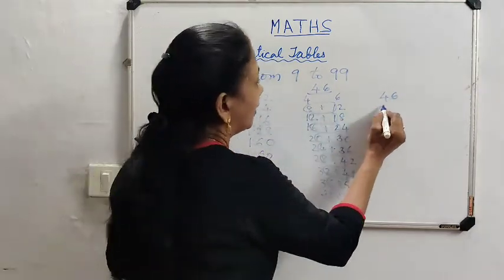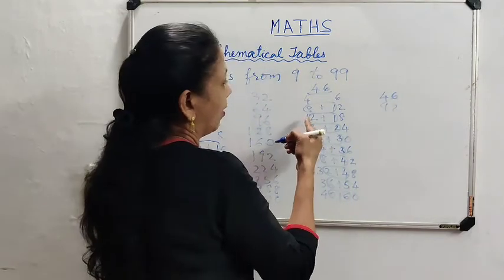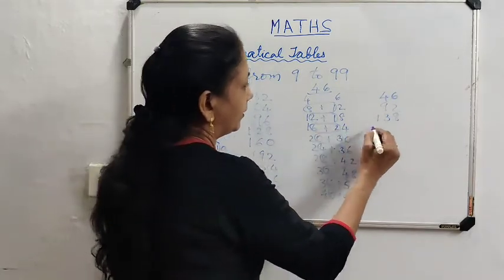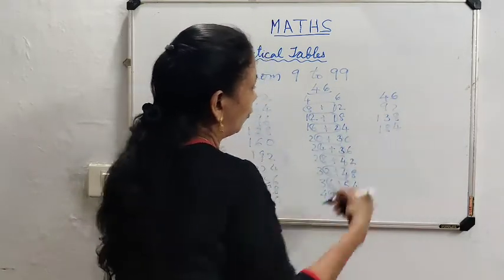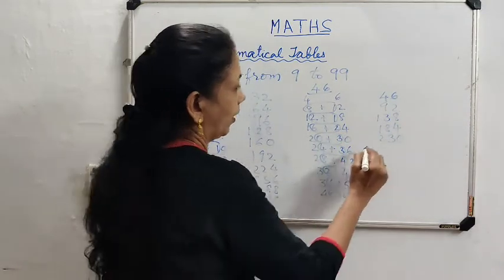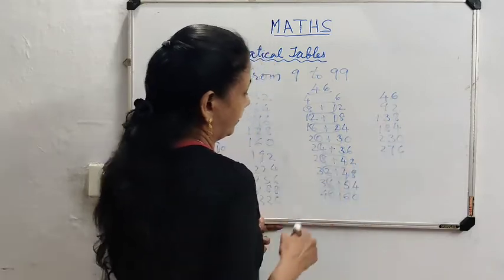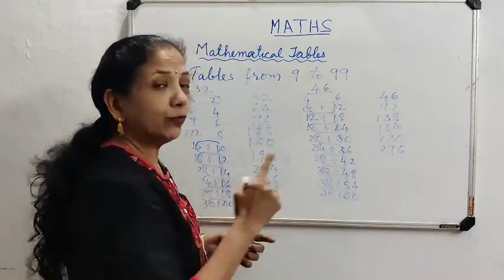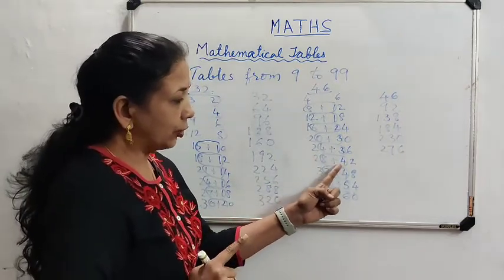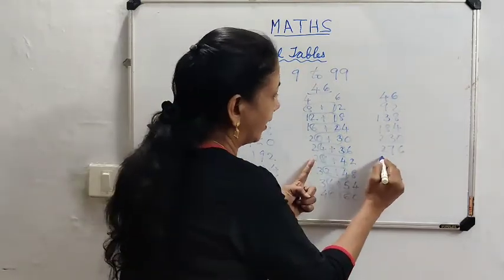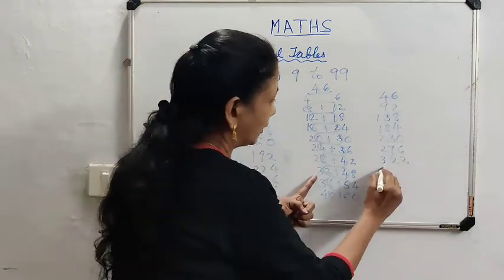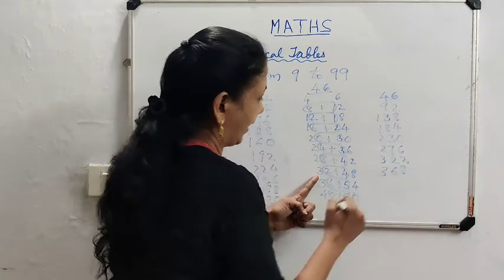Now what will come? 9, 2, 1, 3, 8, 1, 8, 4, then 2, 3, 0, 2, 7, 6. Now see, 8 plus 4, 12. So 1 carry. Then 1 carry, so it will come 3 and it's 2, 2. Now 3, 6, 8.